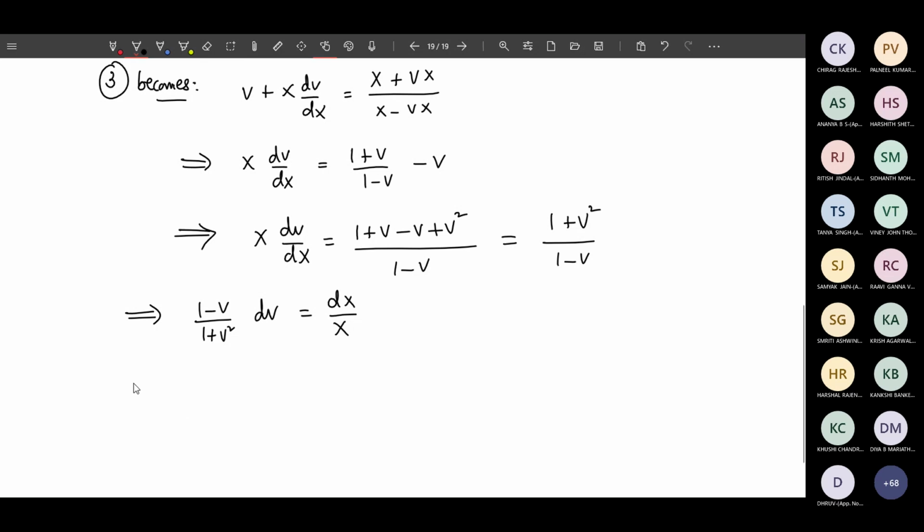Now integrate: integral dv by 1 plus v square, minus integral v by 1 plus v square dv, minus integral dx by x equals c.